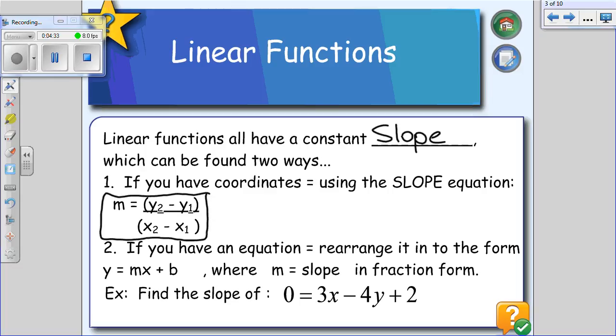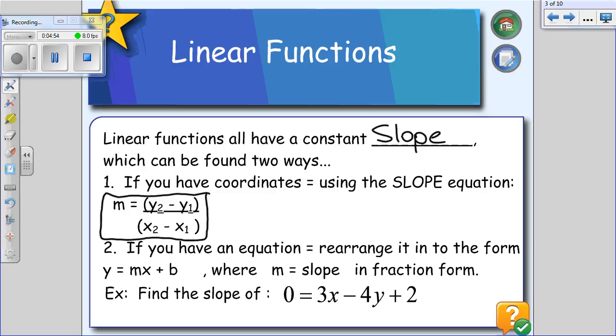You pick one point, you call it point 2. You pick another point, you call it point 1. y2, so the value of y at point 2, minus the value of y at point 1, divided by the value of x at point 2 minus the value of x at point 1.